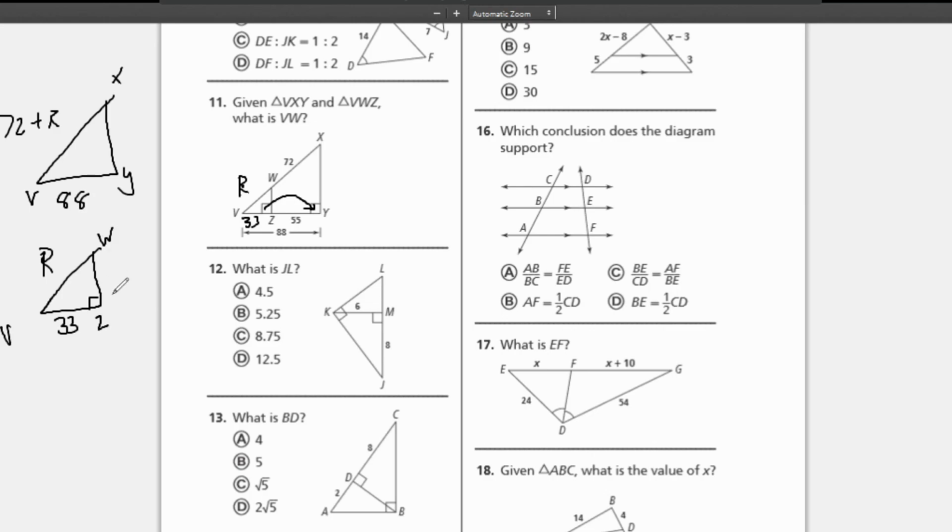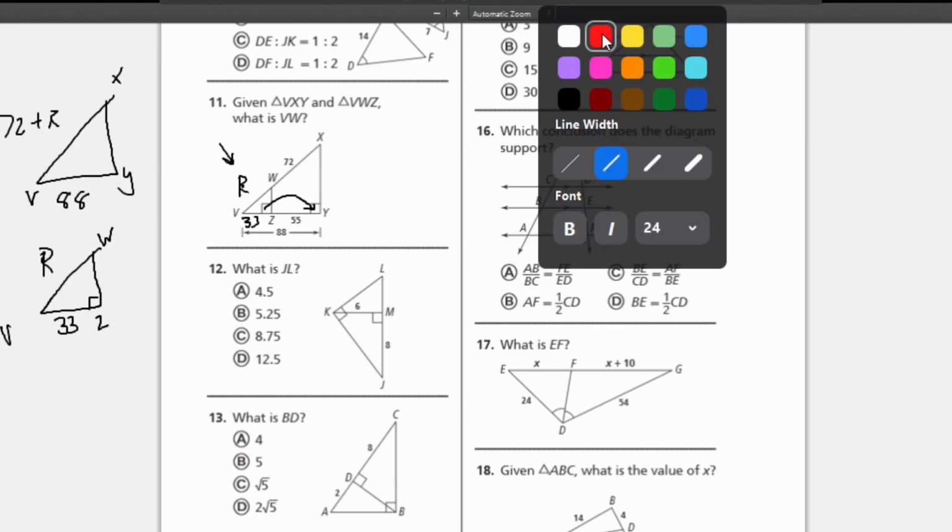And again, we know nothing about VZ or XY. Is it asking for XY? Let's find out. Hopefully not. What is VW? Okay, perfect. We set up our variable to be VW without even reading it, and that's what it's asking us. Now, the way we've drawn this means we've already got it set up to be ready for our proportion.